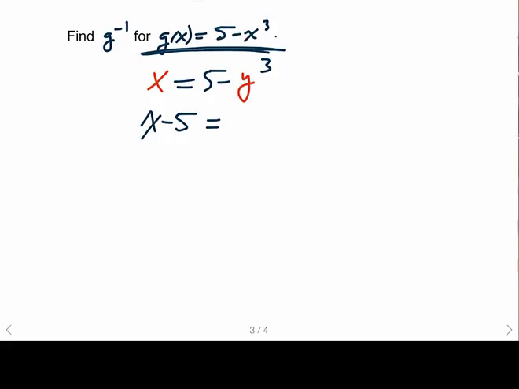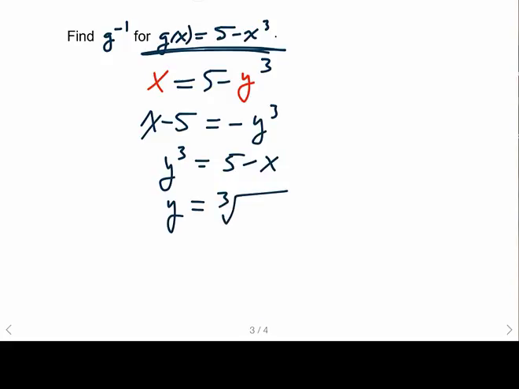So I get x minus 5 is equal to negative y cubed. And then I'll multiply both sides by negative 1. I'm going to flip the whole thing around at this point. y cubed is equal to 5 minus x. And so the cube root of y cubed is just y, and that's equal to the cube root of 5 minus x.